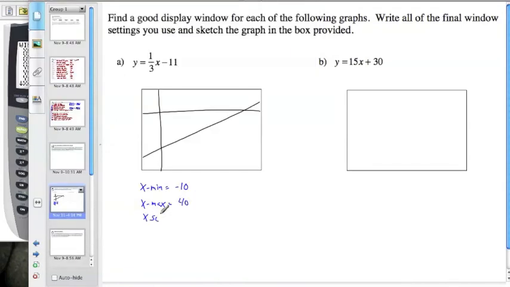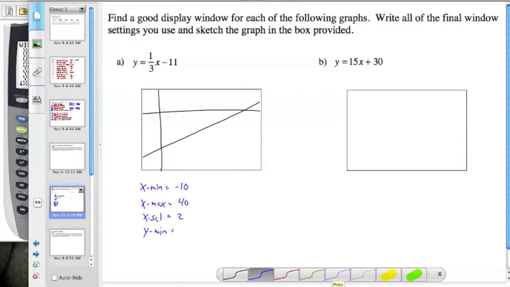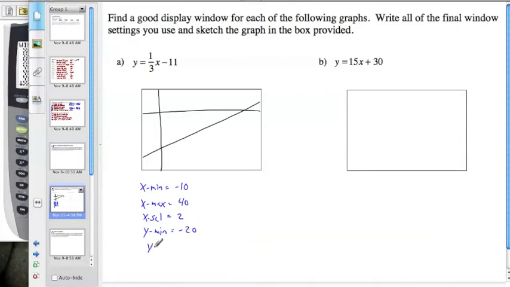X scale is 2. Y min was -20, y max is 5, and the y scale is 2. All right, and that's what you would be expected to do.